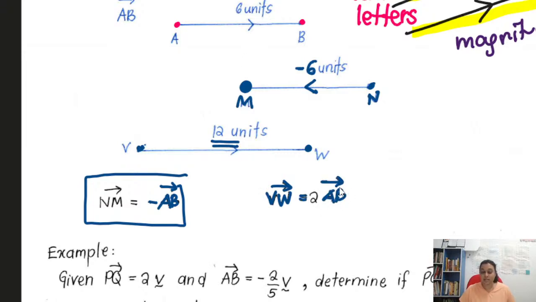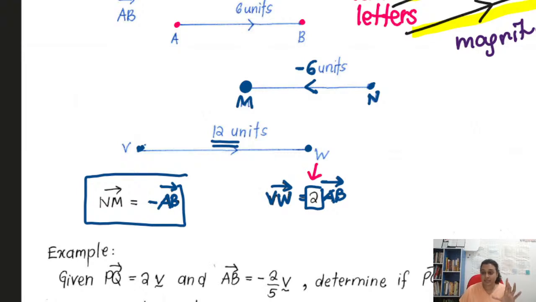AB is 6, right? So 6 times what value gives 12? 2. That's why here you get the constant 2. So your job is to find the constant, kita kena cari pemalar.